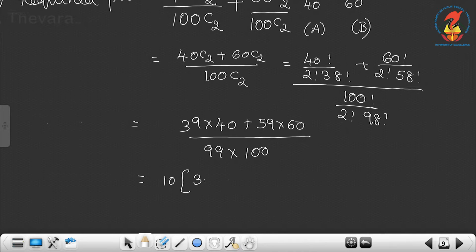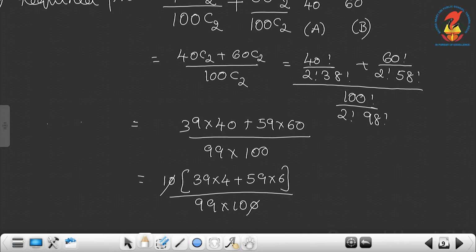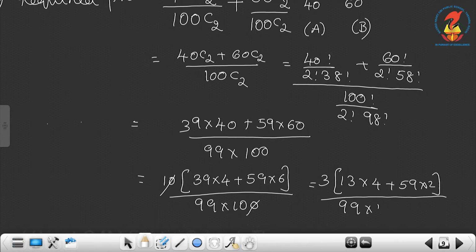So 10 into 39 into 4 plus 59 into 6 by 99 into 100. This cancel. Then 3 is common in the numerator. 3 taking out, 13 into 4 plus 59 into 2 by 99 into 10. 3 and 99 cancel, it is 33.